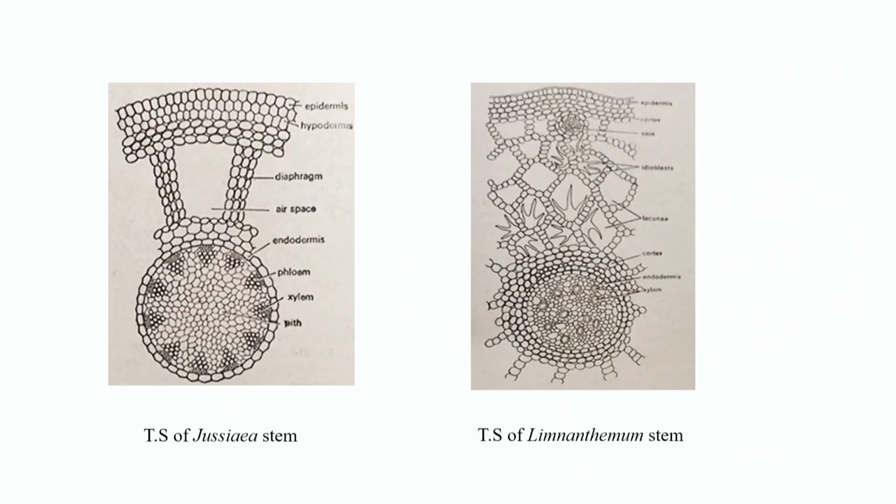Now this is the structure of a Ceratophyllum stem and Limnanthemum stem, which shows how it is differentiated into epidermis, then hypodermis, then a lot of air spaces, in which several layers of parenchyma in the cortex form a rope or band like structure which will enclose the air space. Then endodermis will be there, phloem will be there, definitely xylem will be there.